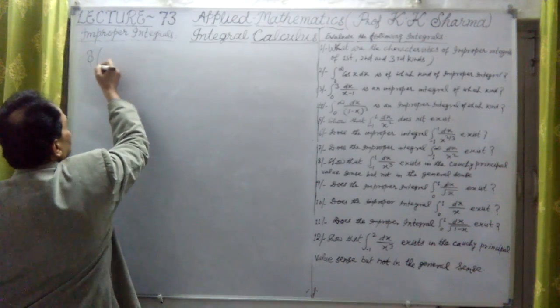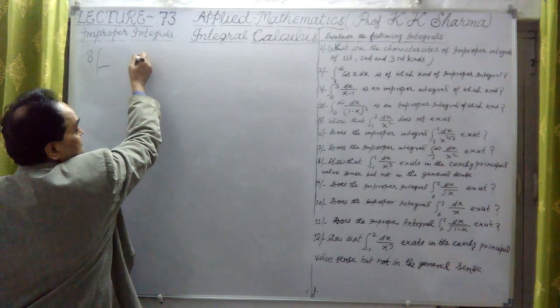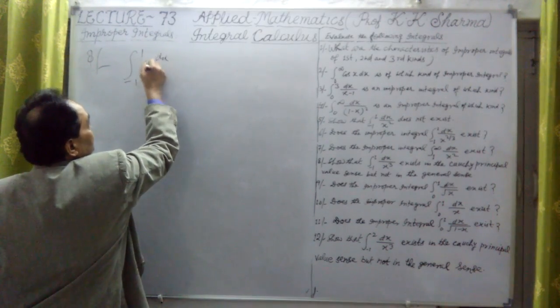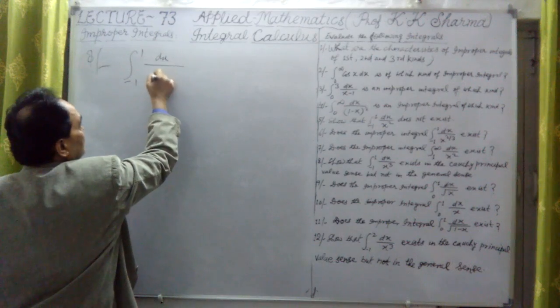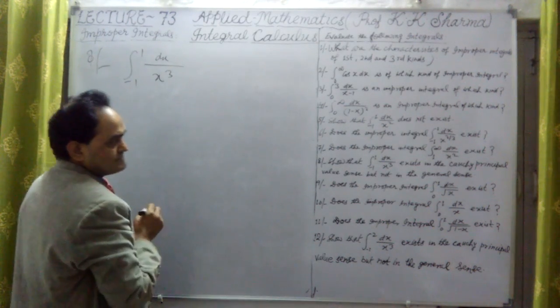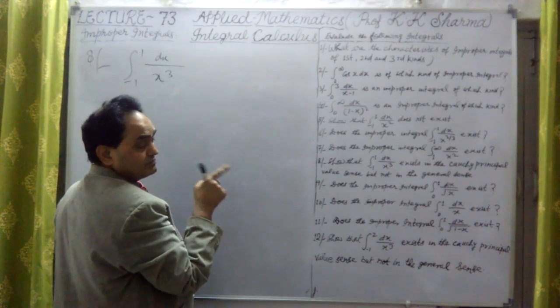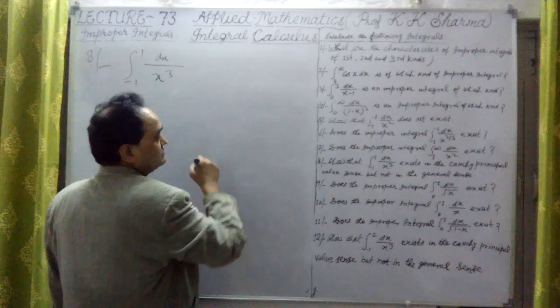So if I take this question number 8 here, it means this is the integral from minus 1 to plus 1 of dx upon x cube. It exists in the principal value sense, but not in the general sense.